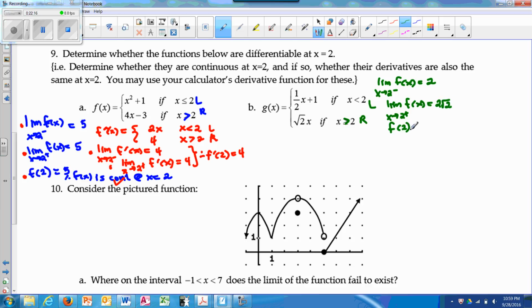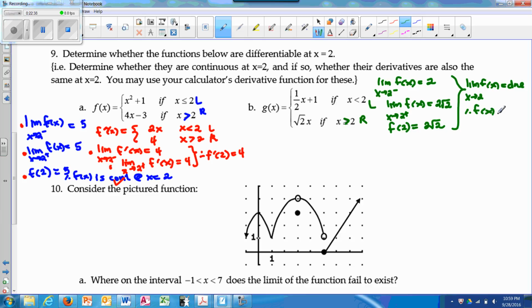F prime of 2 does exist, and it equals 4. We need, for continuity, a left limit, a right limit, and a function value. For differentiability, we need continuity and then just a left limit and a right limit.